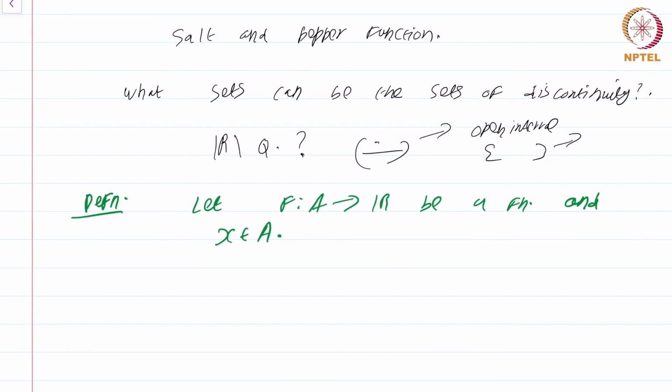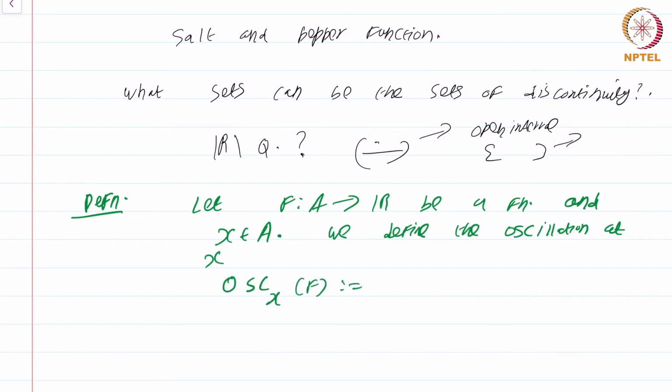How we do that is we define the oscillation at x of f to be just the limit as r goes to 0 of the diameter of the set f of (x minus r, x plus r) intersect A.